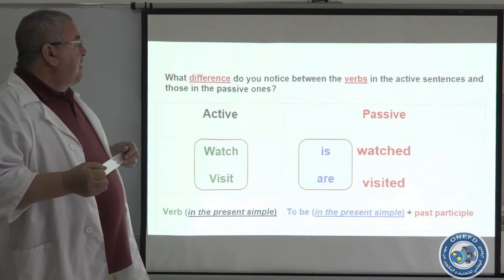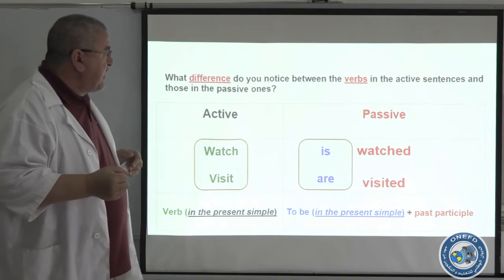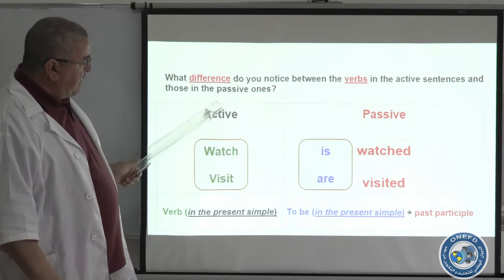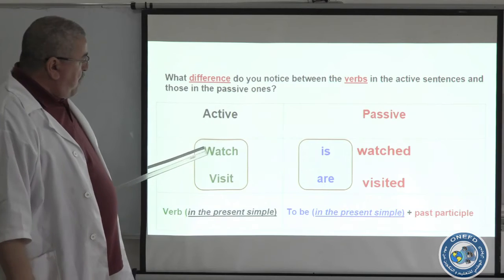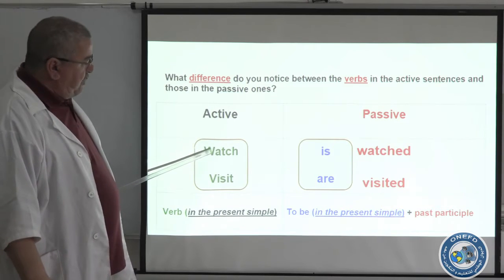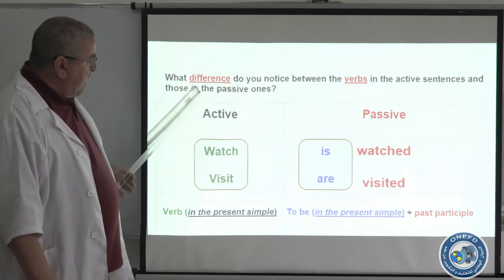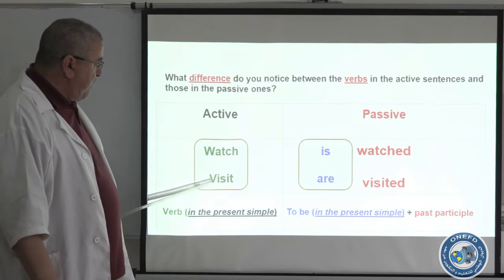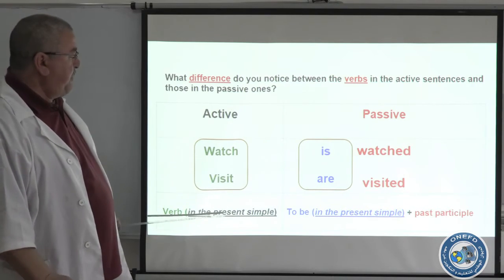Now, what difference is there between the verbs in the active sentences and those in the passive sentences? Let's go back to the two verbs, watch and visit. In the active, here is the verb, watch, and here is the second verb, visit. The verb, you notice, is in the present simple.